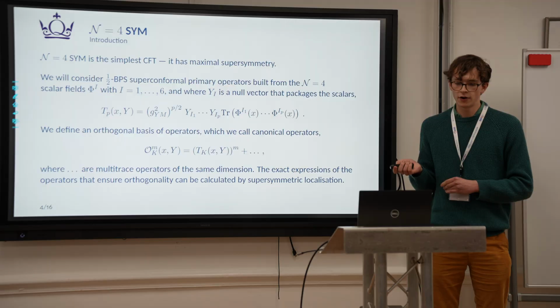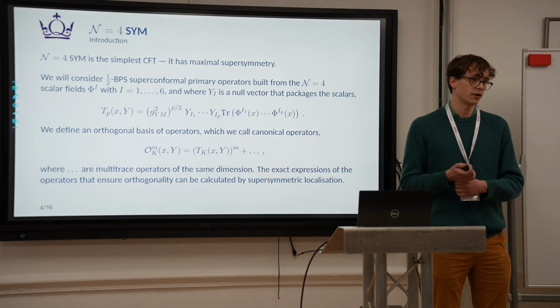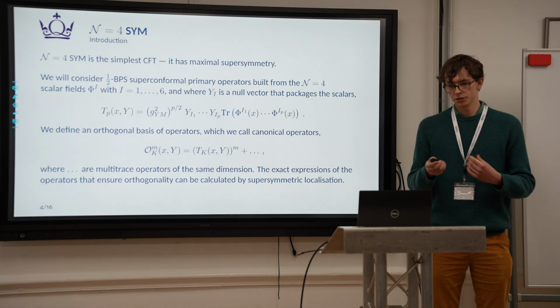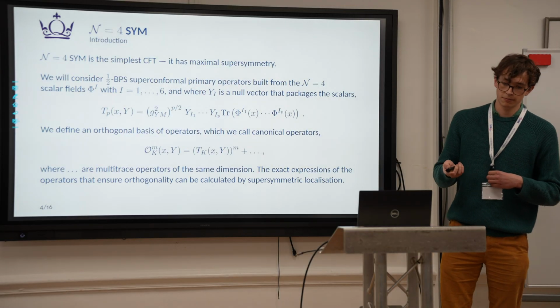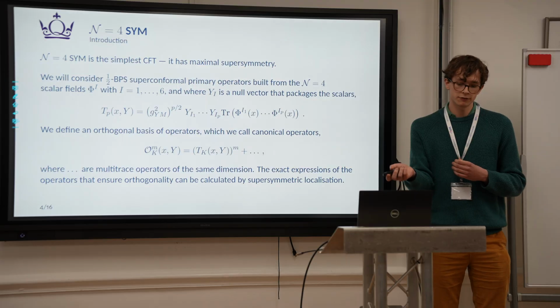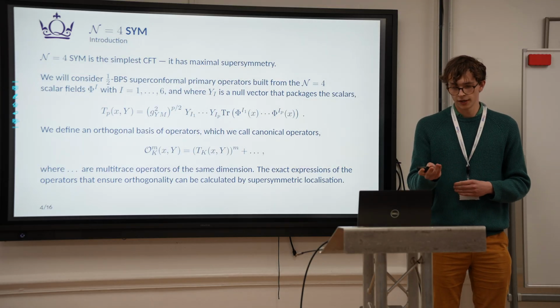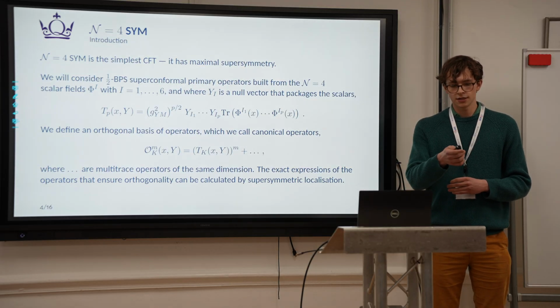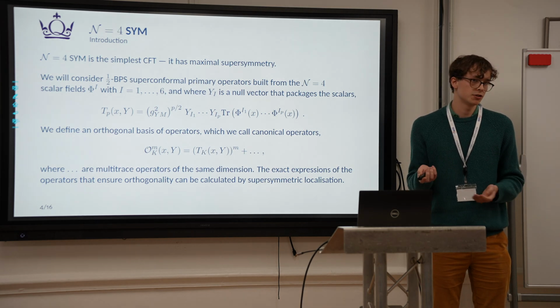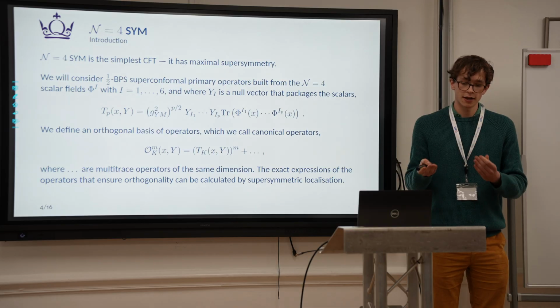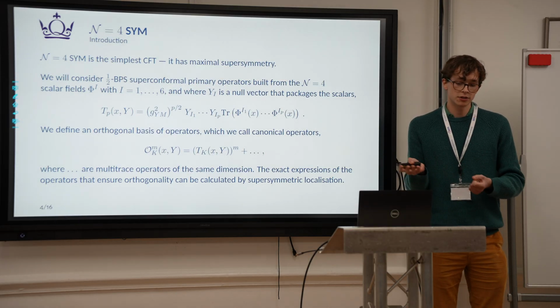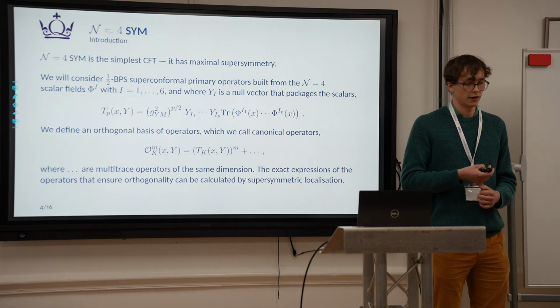So then we will define this new basis of operators, which we call canonical operators. And so we define it by, you take n copies of these single trace operators. So we take T_p, where p is some integer k. So we take n copies of these, and then we also have these other multi-trace operators of the same dimension.